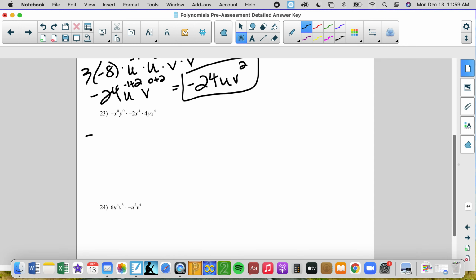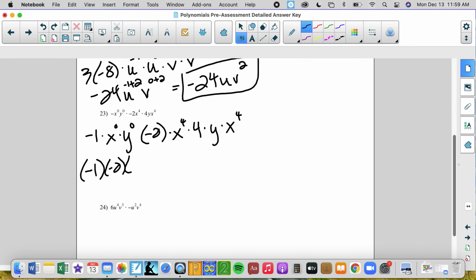Oh, I like this. Negative 1 times x to the 0 times y to the 0 times negative 2 times x to the fourth times 4 times y times x to the fourth. So let's deal with those constants. We have negative 1 times negative 2 times 4 times x to the 0 times x to the fourth times x to the fourth.